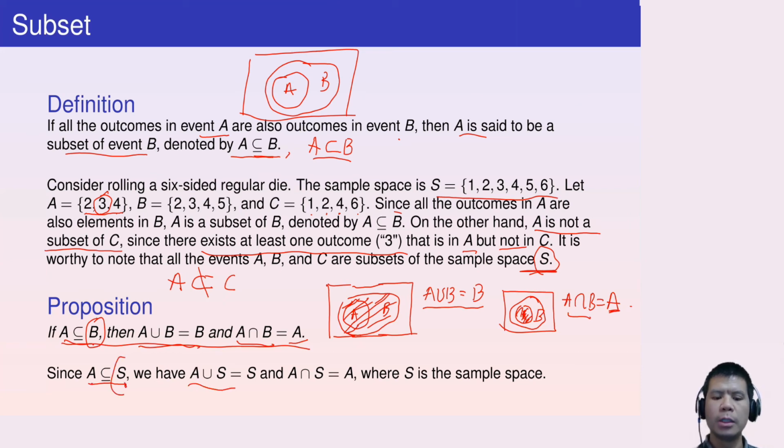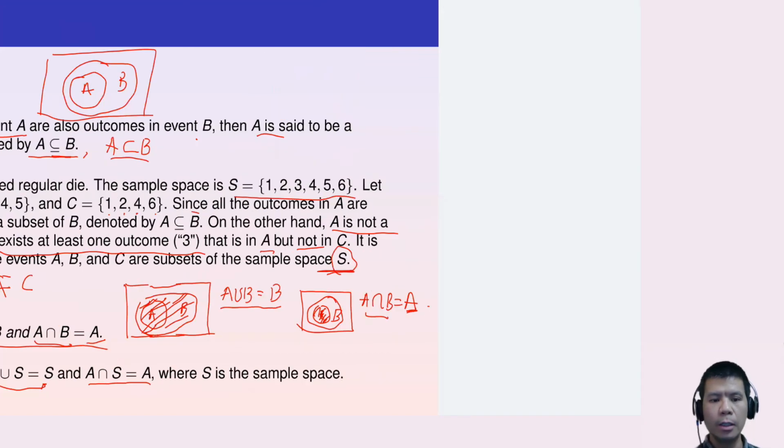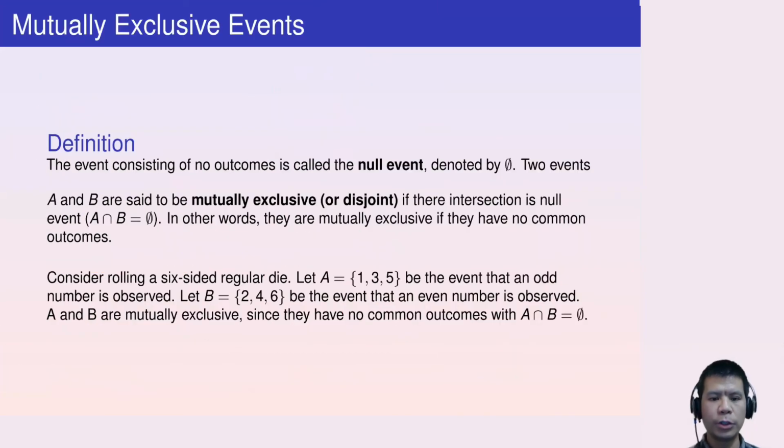So therefore the union is going to be the sample space, and their intersection is simply A. So that is the property, the corollary. Then let's just introduce this concept, and then we will solve it.